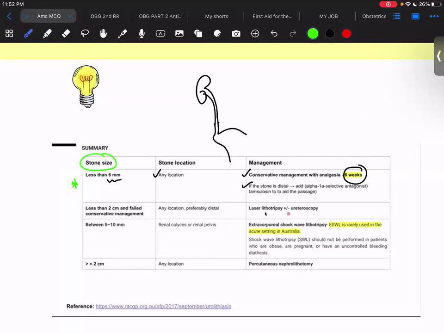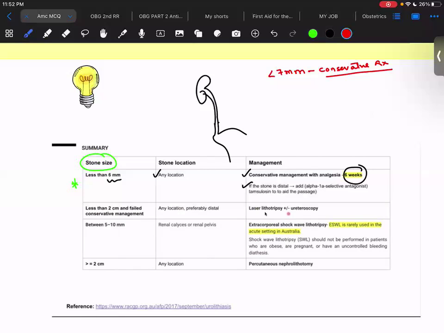According to RACGP, any stone of less than 7 mm, we can go for the conservative treatment, where we ask the patient to go for increased hydration and all.